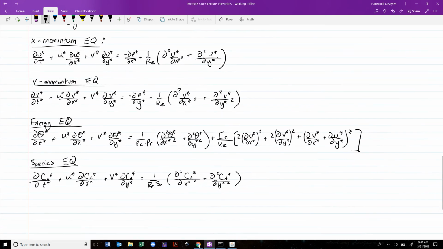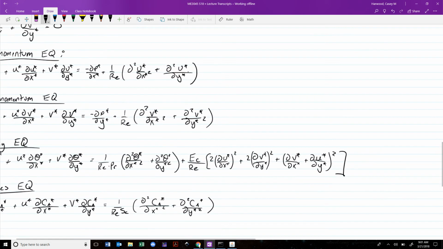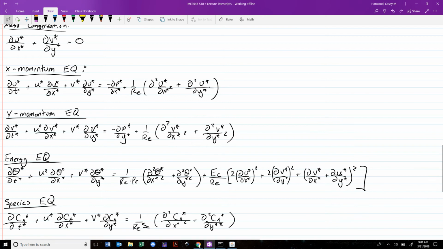So if we zoom out here and take a look at all of these together, as I mentioned, we see these non-dimensional parameters of interest: velocities, temperatures, concentrations that we set up. But we also see these collections of terms: the Reynolds number, the Reynolds number times the Prandtl number, the Reynolds number times what's known as the Schmidt number.